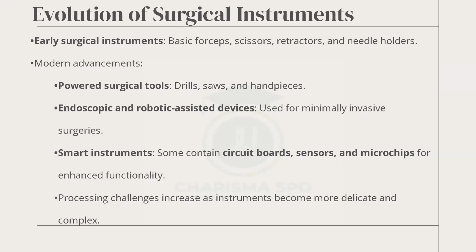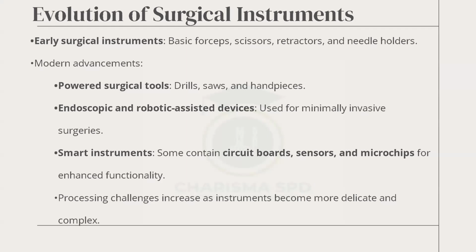Good. So how did we get here? How did we get to complex surgical instruments? Early surgical instruments were basic: scissors, needle holders, forceps, adhesive with teeth, Kocher, Kelly, all that we saw yesterday. Very, very simple.